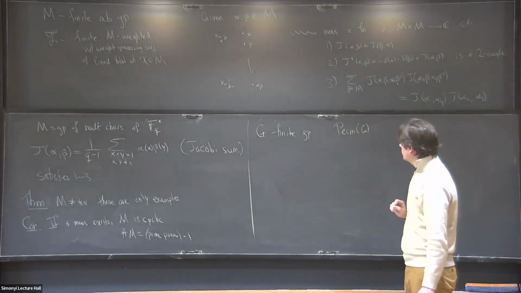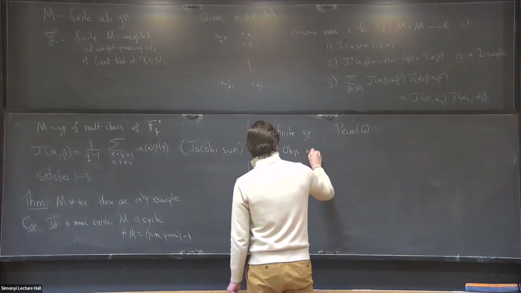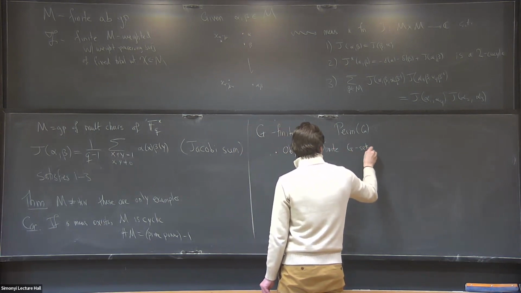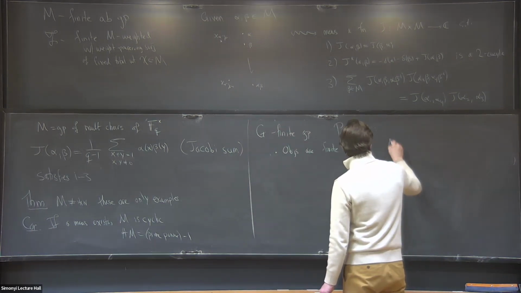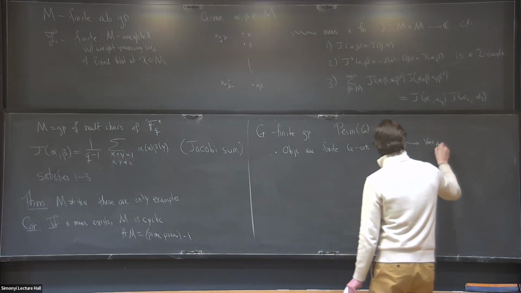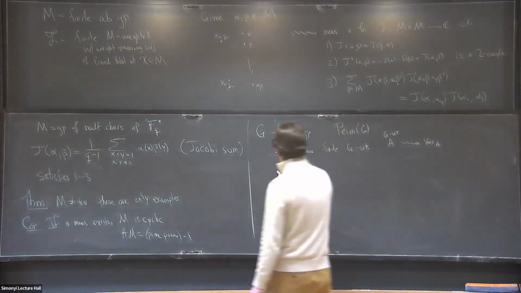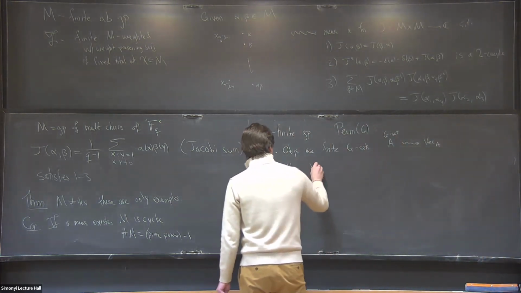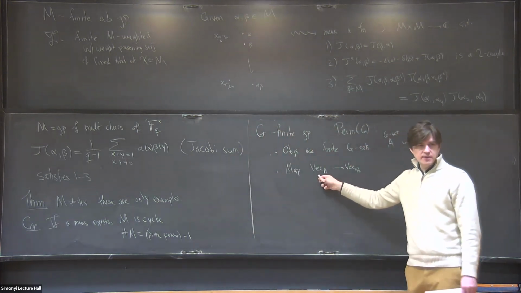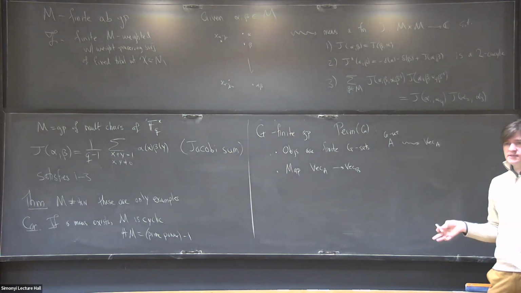And you can define this category kind of abstractly or directly. So the objects correspond to finite G sets. Let me call, I have a finite G set A. Let me call the corresponding object vec sub A. So it's like column vectors indexed by A. And then a map from vec A to vec B. Well, vec A is just the vector space with basis A. Vec B is the vector space with basis B. So if you're giving a linear map between vector spaces with bases, that's a matrix.